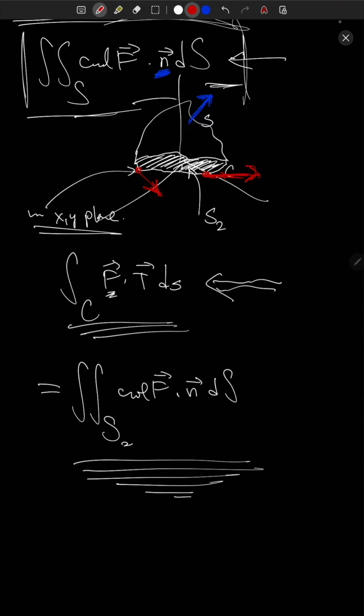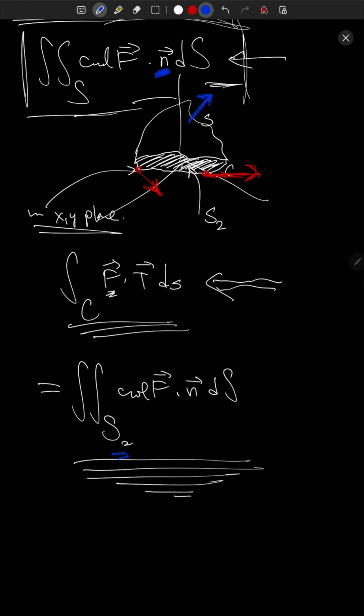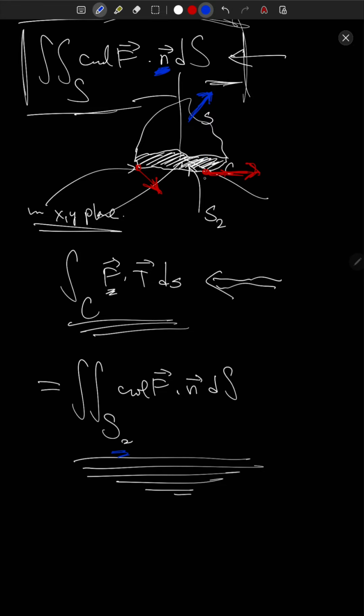If you're not careful, and you pick the orientation for this S2 down here that points upwards, the k direction, then it's actually not going to be correct, right? When you put your thumb in the direction of that normal, your fingers are not pointing in the right direction. So actually, you're going to have to choose this direction for your normal.